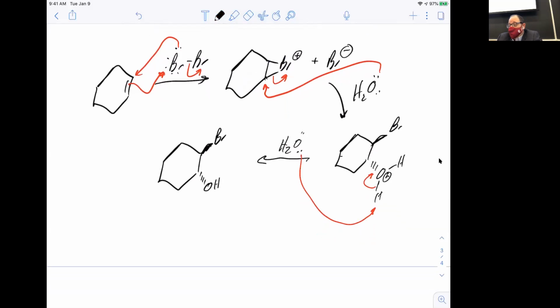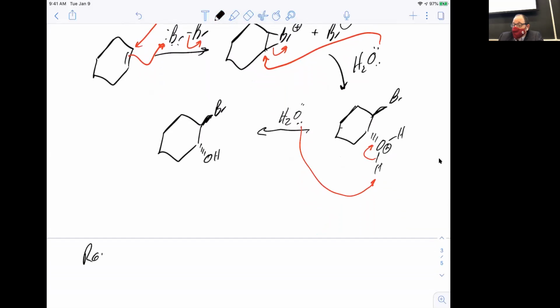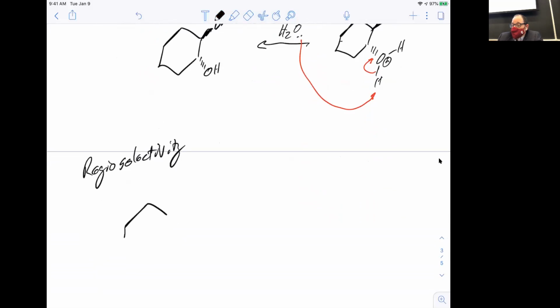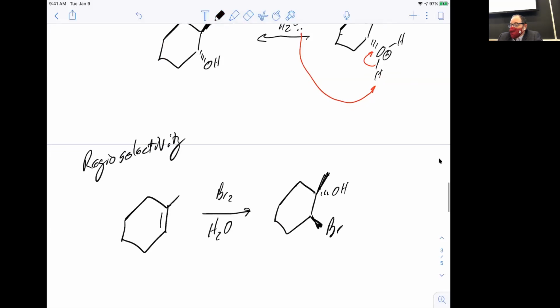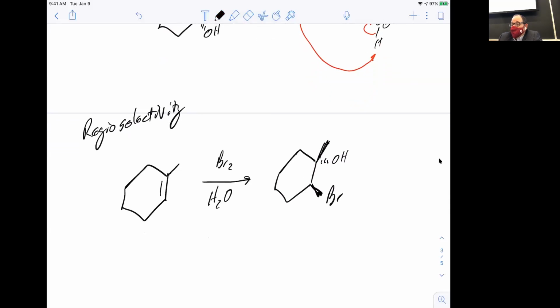So again, we get anti-addition. We can also here have regioselectivity. Here we've added the OH to the more substituted side.